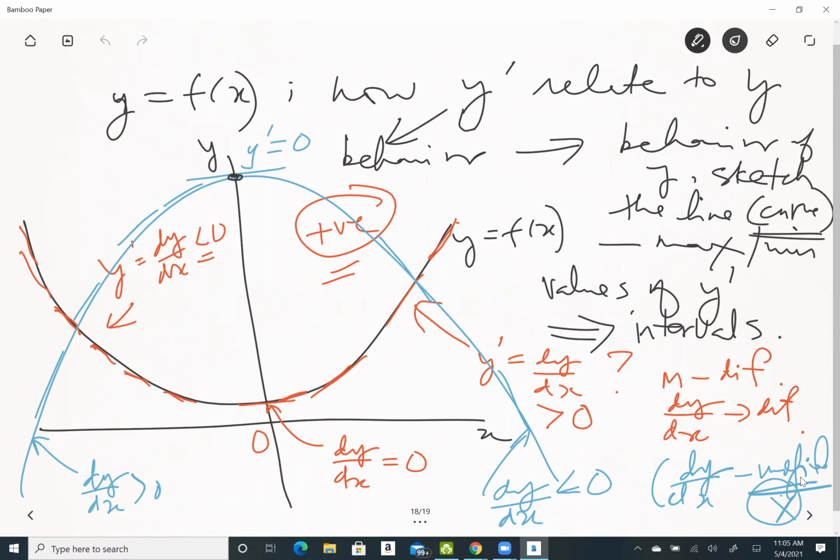What interval will that be? Is it to the right of 0 or is it to the left of 0? For the black line, for this one, you have the positive slope here, dy/dx positive. Now, on which side of the function are the slopes positive?